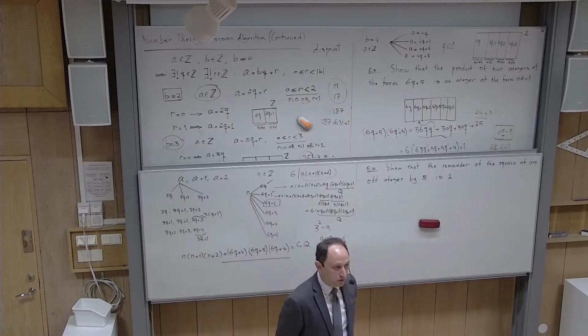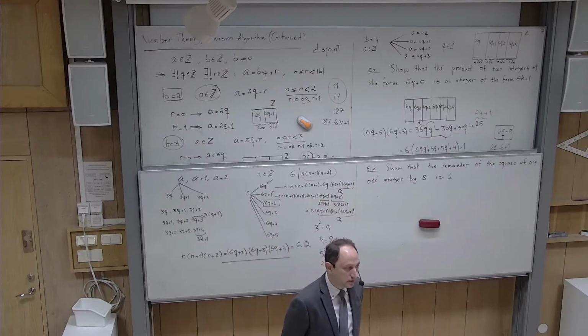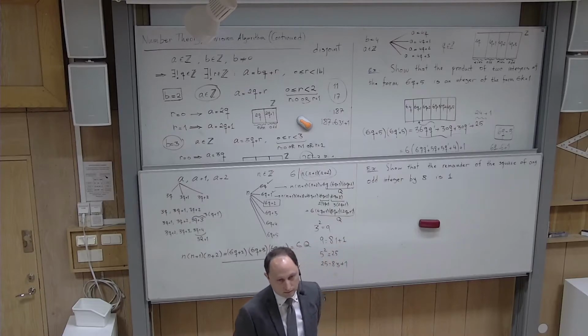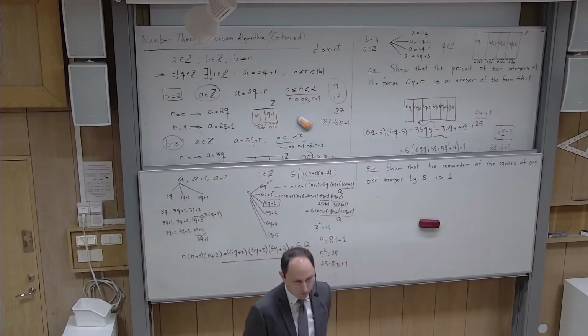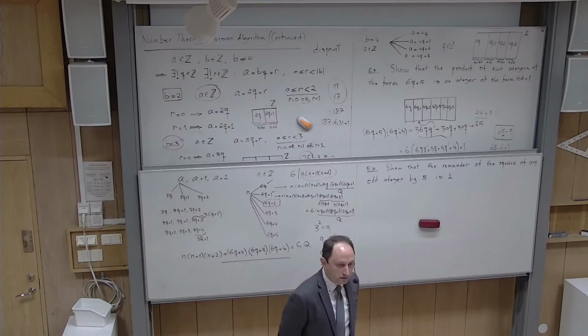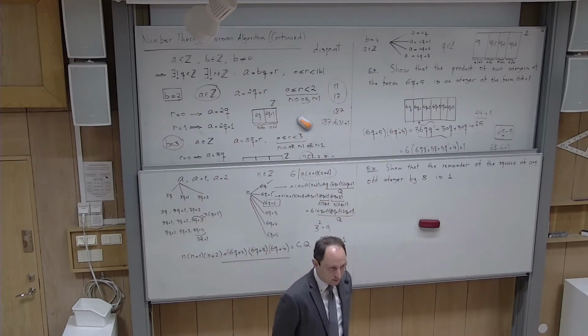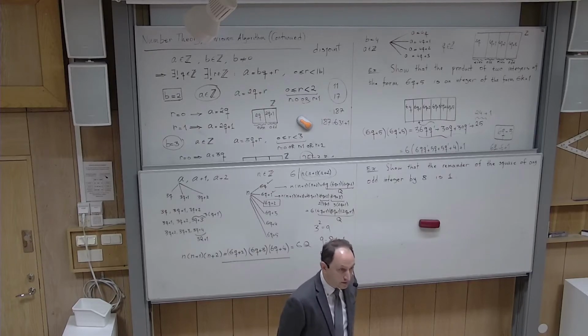A number which is divisible by 2 and 4, but not divisible by 8. Yes, 4 itself. 4 is divisible by 4, it's also divisible by 2, but it's not divisible by 8. If you think it's too trivial, give me another example. 20 is divisible by 2, it's divisible by 4, but it's not divisible by 8.